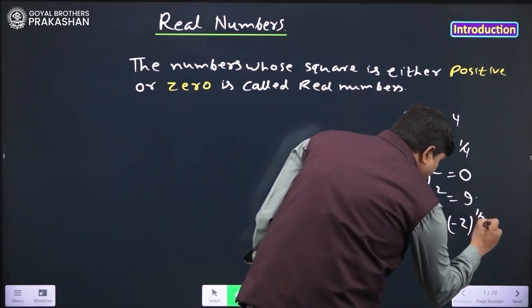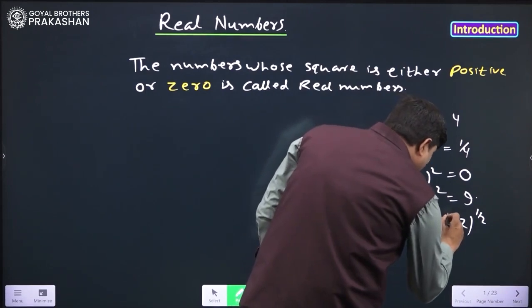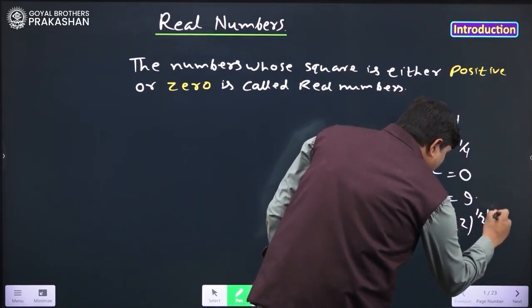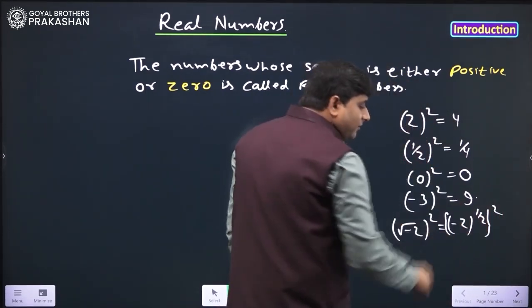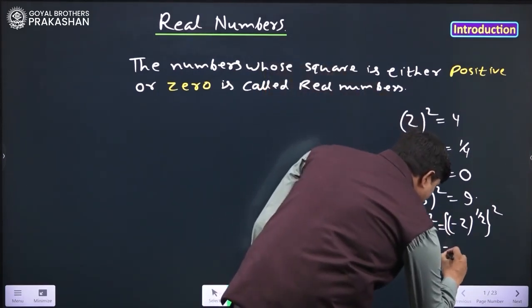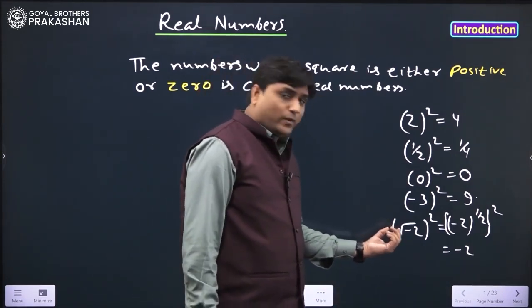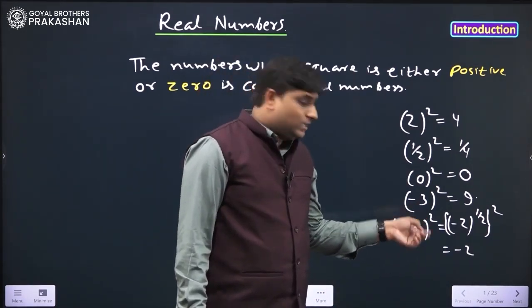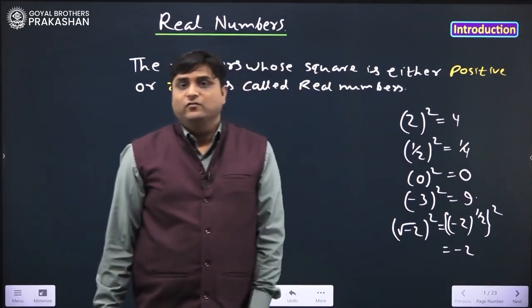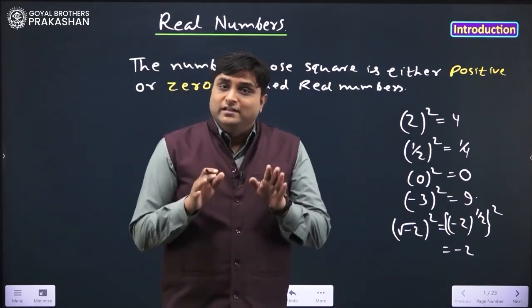And there is a whole square also. So power and power get multiplied. 1 by 2 into 2 will be 1 only. So it is minus 2. It means if we find the square of the root of minus 2, then it is minus 2, which is a negative quantity. It means the square root of minus 2 is not real.